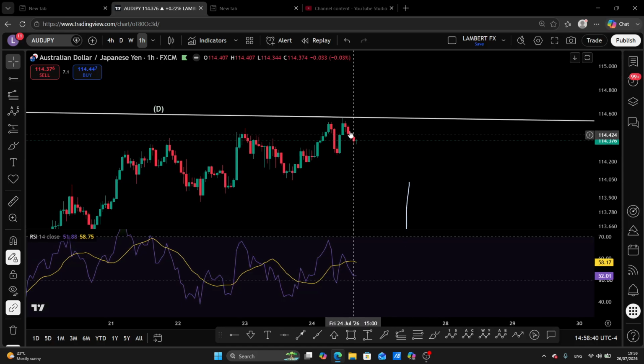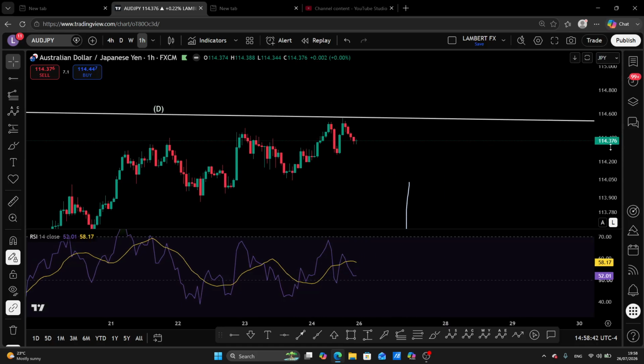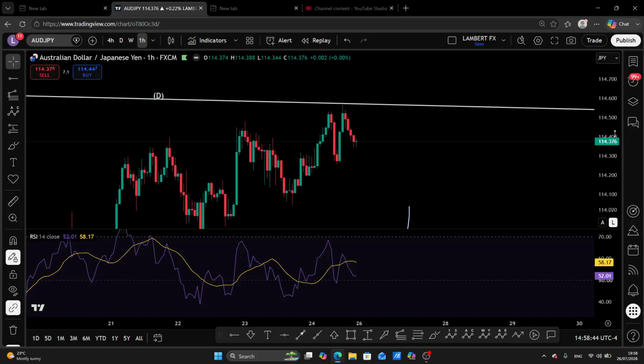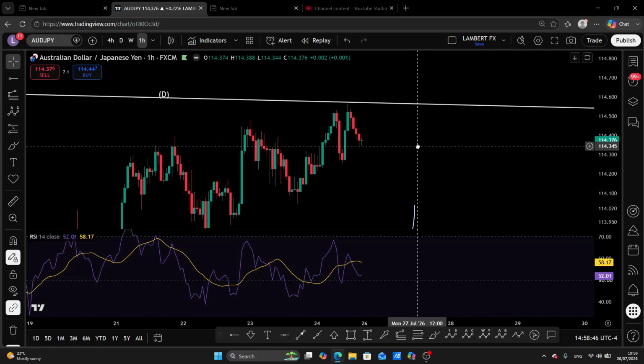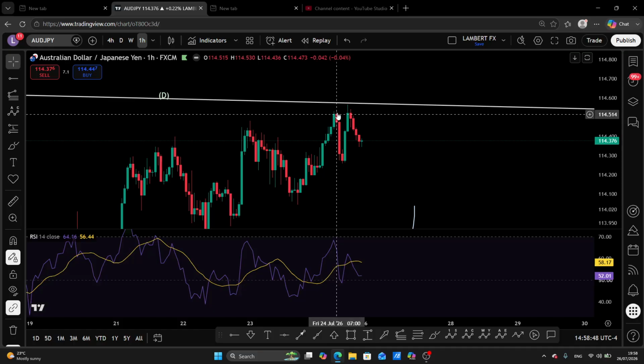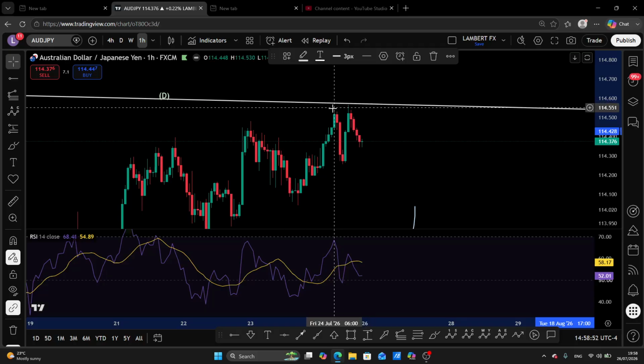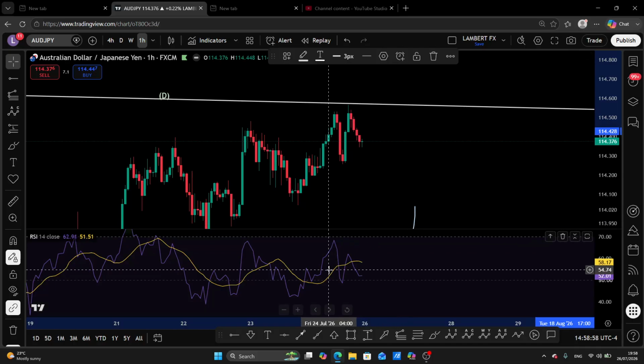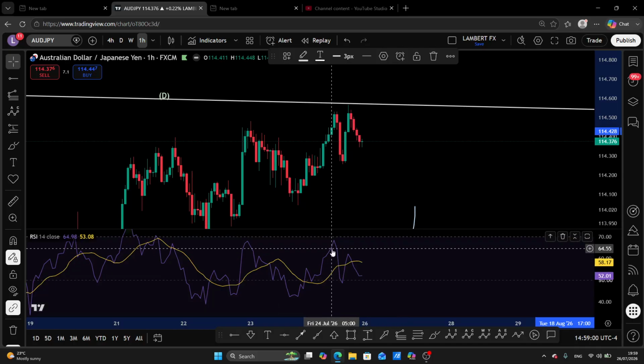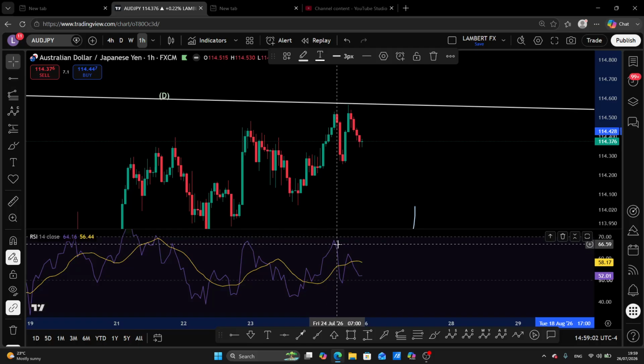Can you see that we had, I think I said it wrong. So we had this low here, we had a high here. So we had a higher high here, a high that broke the previous high, and then on your RSI, we had a high here and a low here.